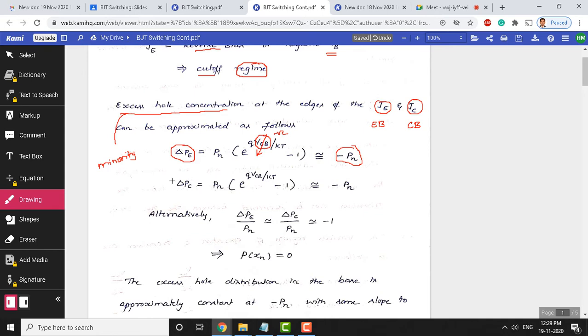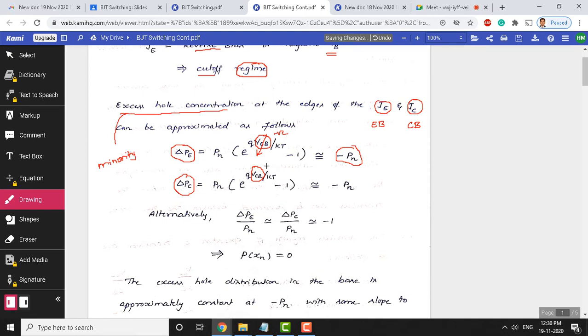Similarly, if you analyze delta Pc, this is the excess hole concentration at the edge of the collector-base junction. Delta Pc is given by the same PN junction theory equation: Pn times e to the power of qVCB by kT, minus 1.